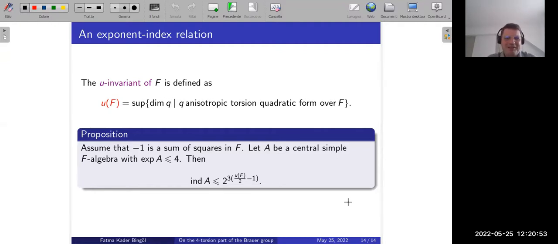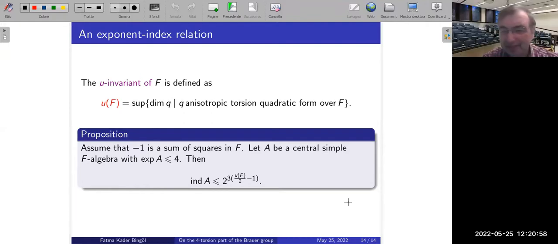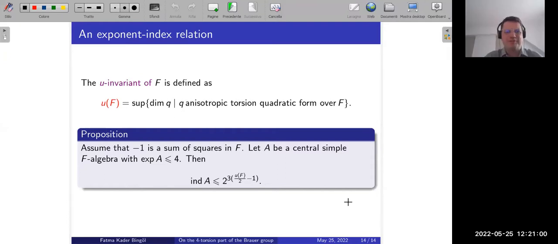So what about odd primes? Do you have expectations?